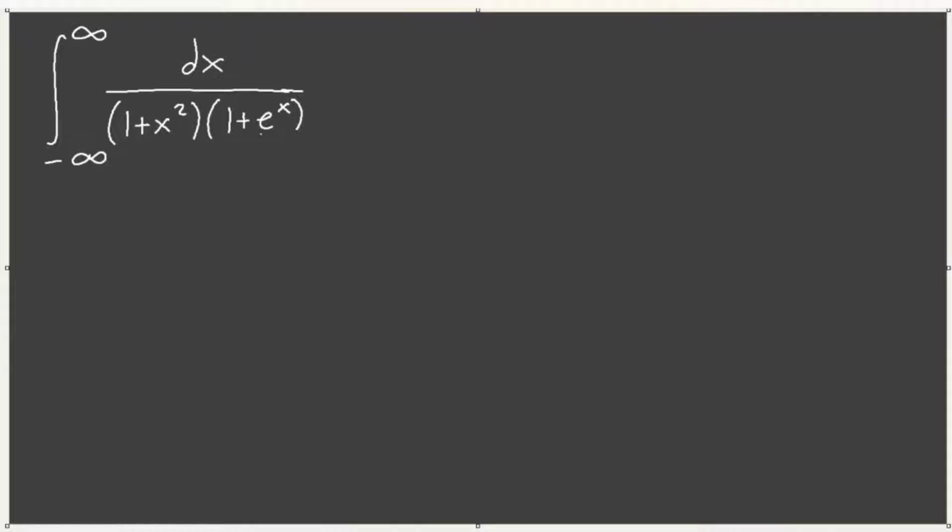So we'll just end up getting 1 plus e to the tangent of theta. But that doesn't really help. What's going on? What do we do? So, of course, trig sub is not going to help, unfortunately.